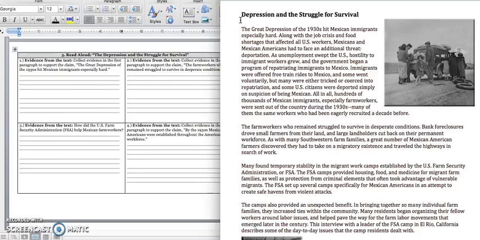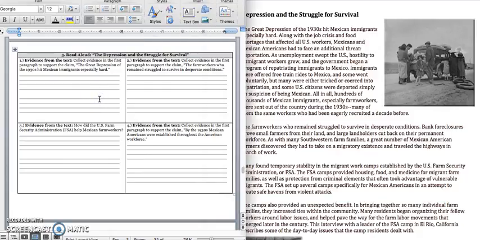And as we're reading, we have 4 conclusions that the author makes, and we are looking for evidence to support those conclusions. All right, so number 1 says, collect evidence in the first paragraph to support the claim the Great Depression of the 1930s hit Mexican immigrants especially hard.